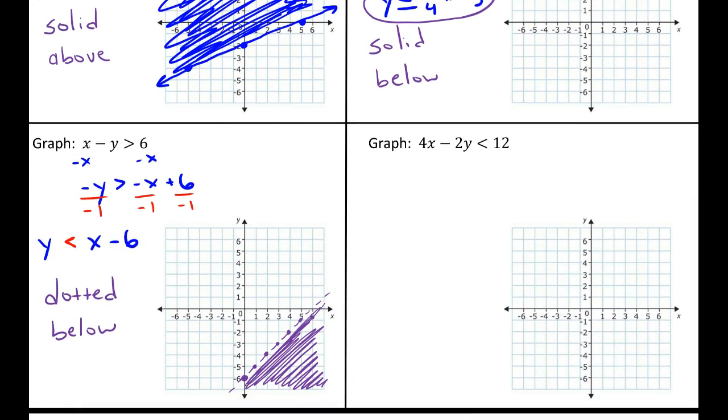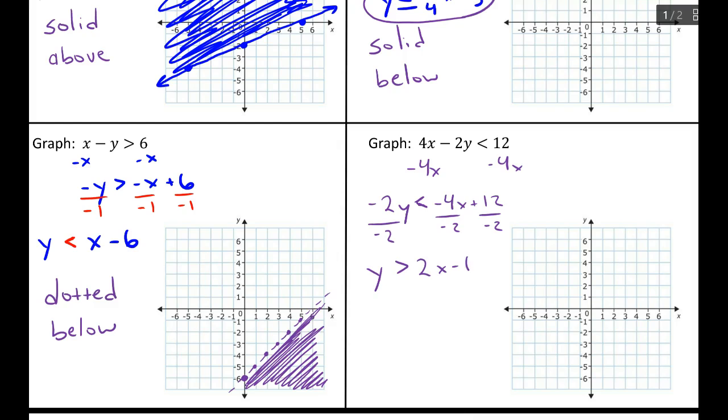All right, let's jump down to our last one. 4x minus 2y is less than 12. Again, let's write it in y equals mx plus b form. So let's see what you got. And we divide both sides by negative 2, giving us y is greater than 2x minus 6.